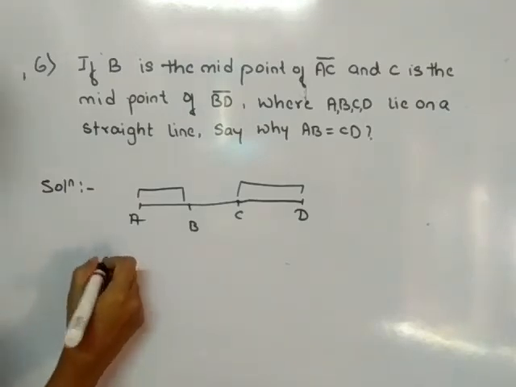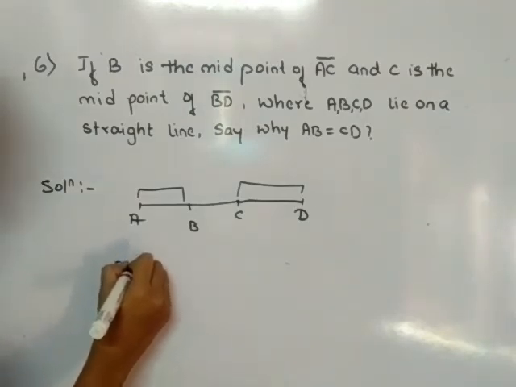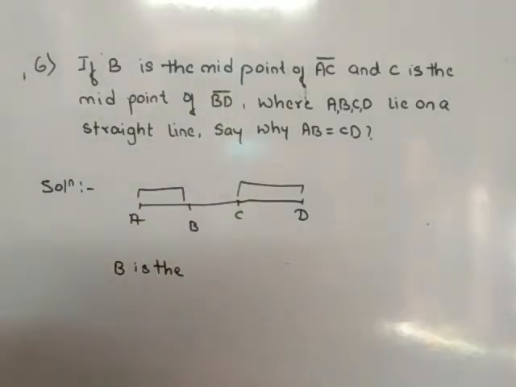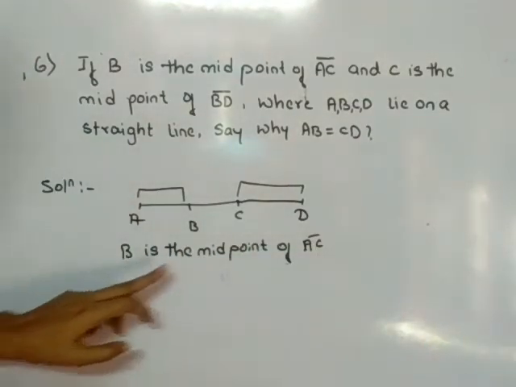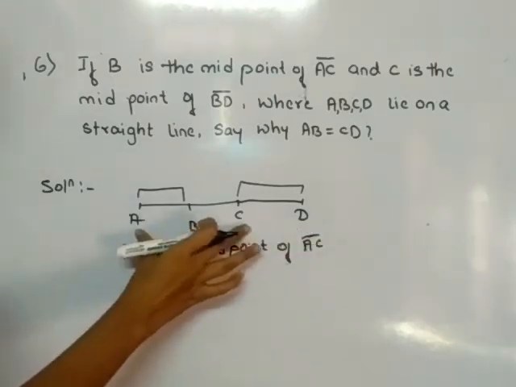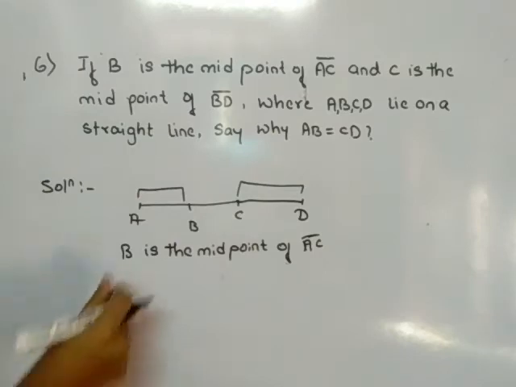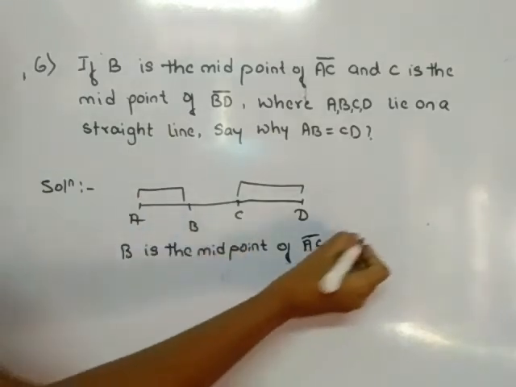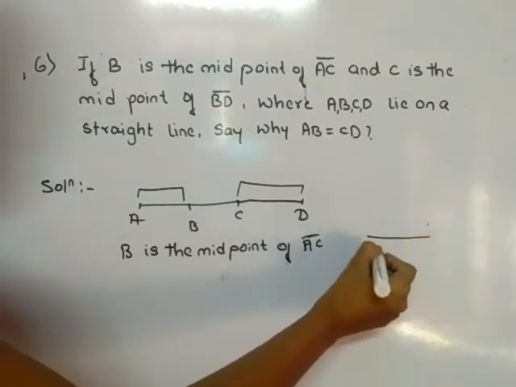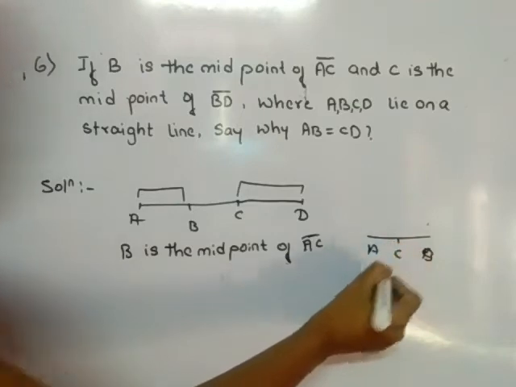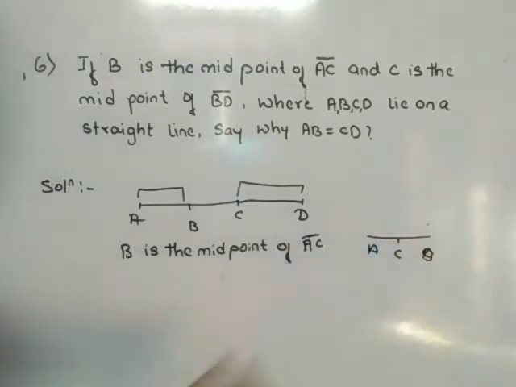So we'll write here: B is the midpoint of AC. If B is the midpoint of AC, then AB will be equal to BC, right? As I told in the previous problem, if this is A and this is B, and this is the midpoint, then AC will be equal to CB.